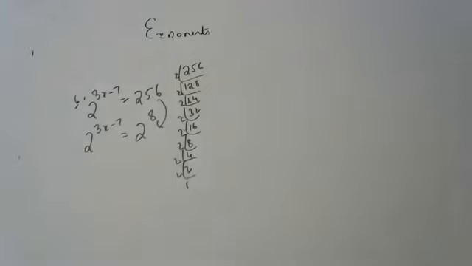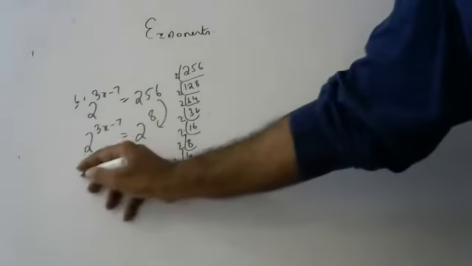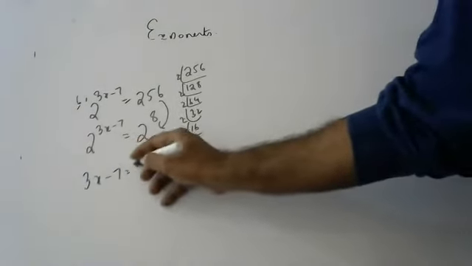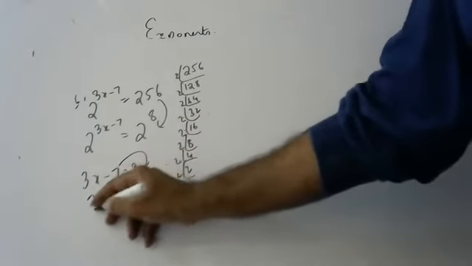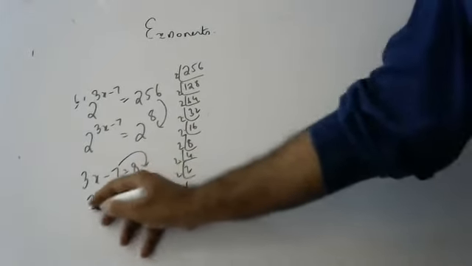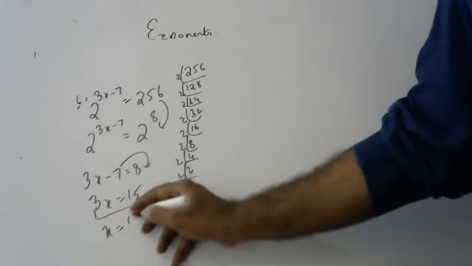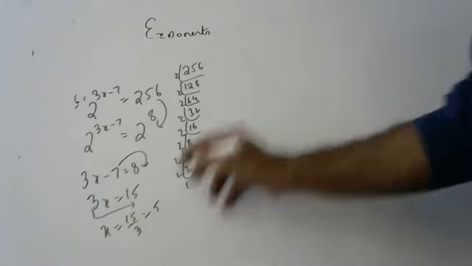And base are same, powers can be compared. So 3x minus 7 is equal to 8. 3x is equal to 8 plus 7. 3x is equal to 15. X is equal to 5. Very fantastic.